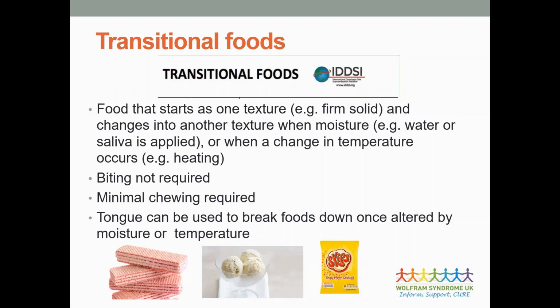So if you think about certain types of crisps, like Skips or Quavers, if you held them in your mouth for a while, they would melt down without any need to chew those. And your tongue can easily break those foods down once they've been altered by moisture or temperature.